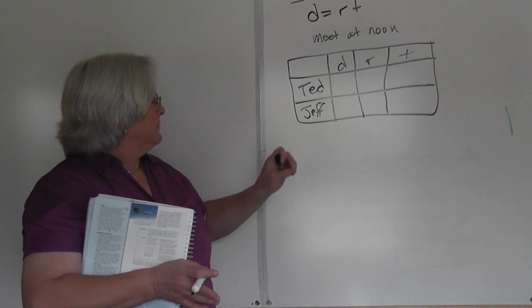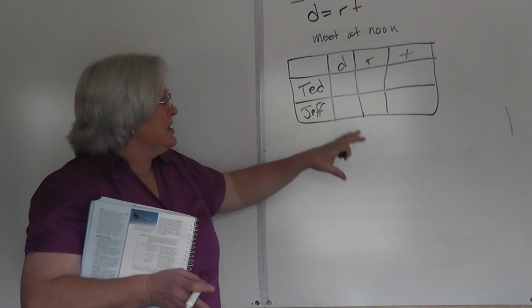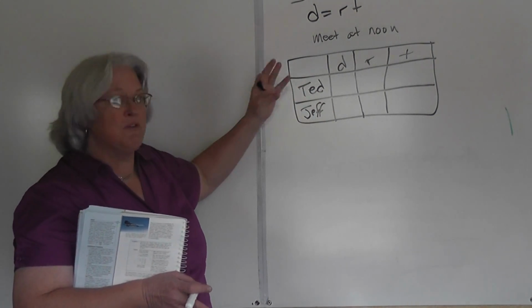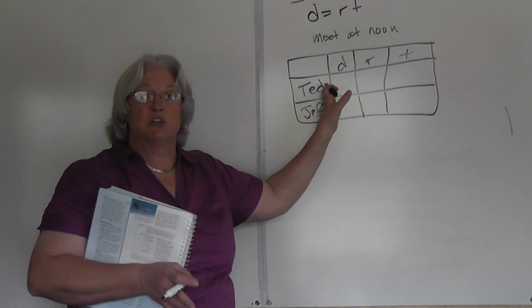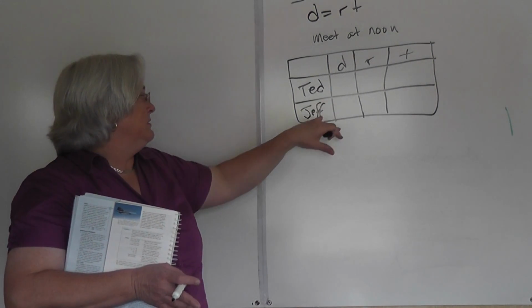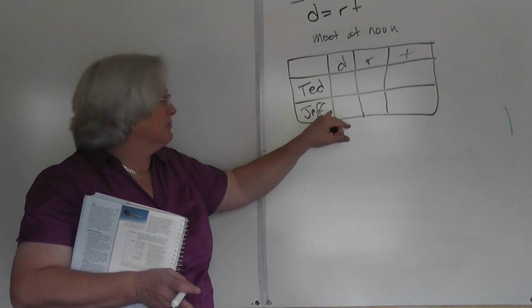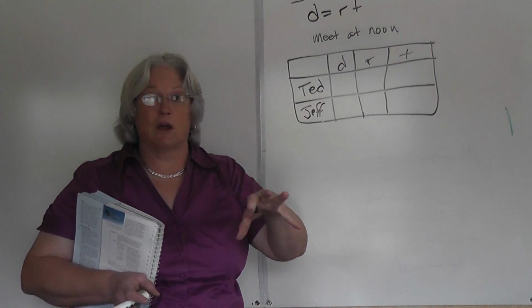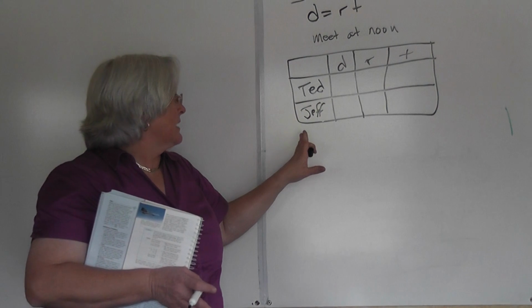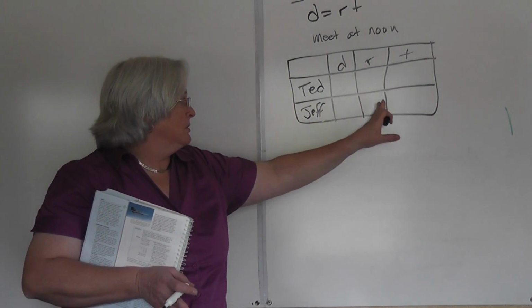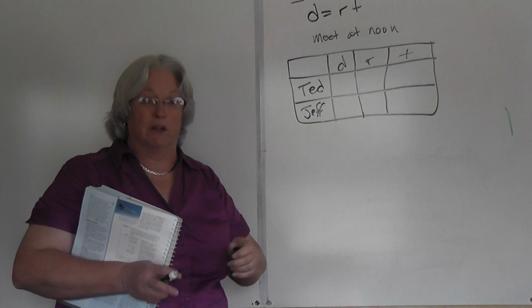And the variable is going to be, we're going to use x for a variable, in order to be where we can find whatever that particular item, maybe Jeff's time in relationship to Ted's time, maybe the distance that Ted travels in relationship to the distance that Jeff travels, or maybe the rate that Ted travels in relationship to the rate at which Jeff is traveling.